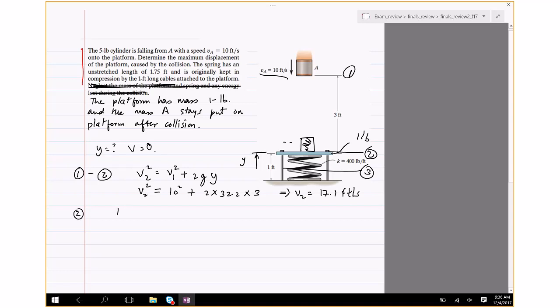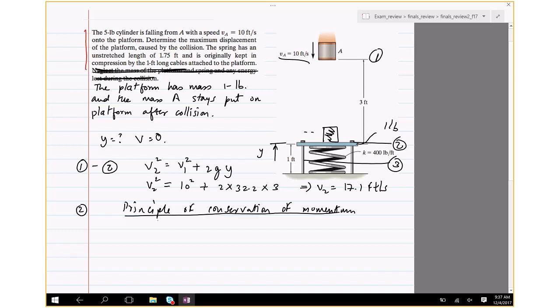So at 2, we use the principle of conservation of momentum, which says that, let's call this A and this B: mass of A times velocity, I'll call it V2A, indicating velocity of A at instant 2 but before impact, plus mass of B times velocity V2B equals mass of A times V2A prime, with an apostrophe to indicate that it is after collision, plus mass of B times V2B prime. These are velocities.